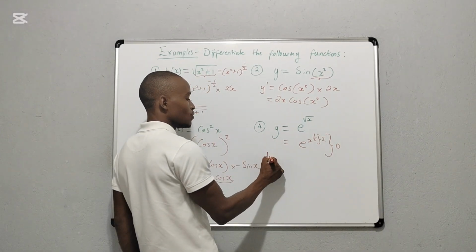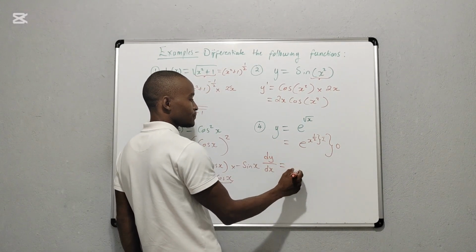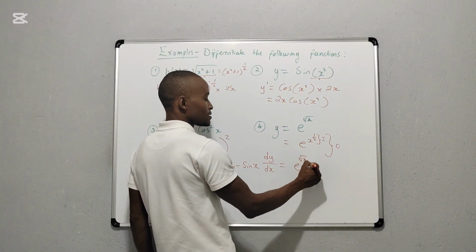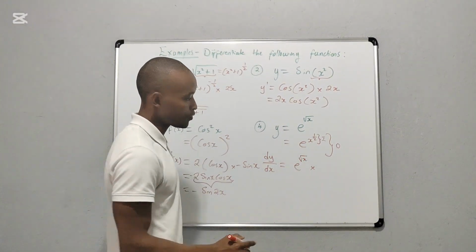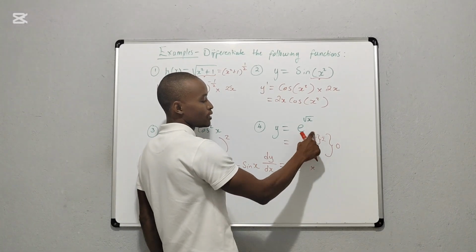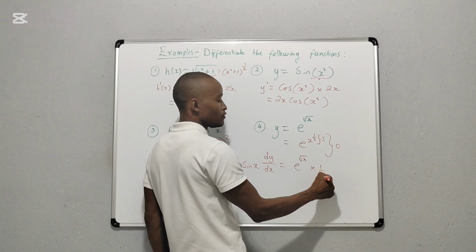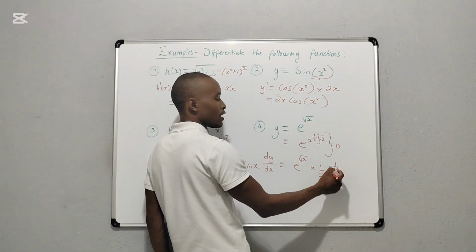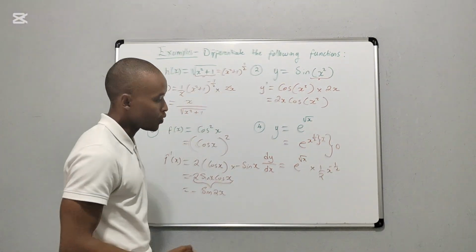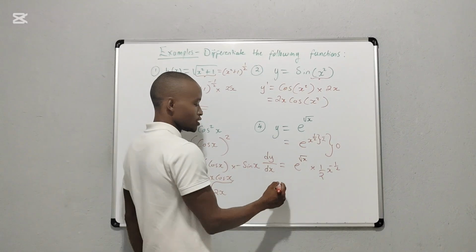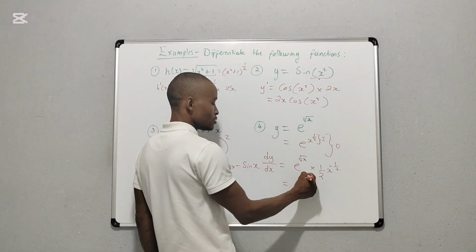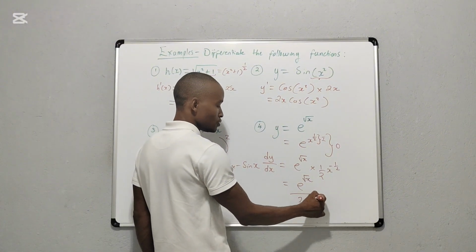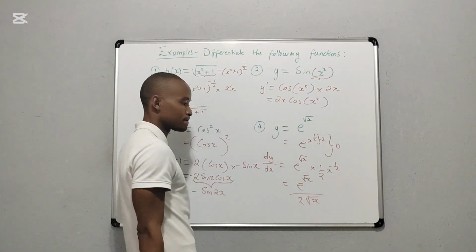Okay, so dy over dx will be e to the root x times the derivative of your inner function. It will be half x to the power negative half, a half minus 1. Okay, so this will leave us with e to the root x over 2 times root x.